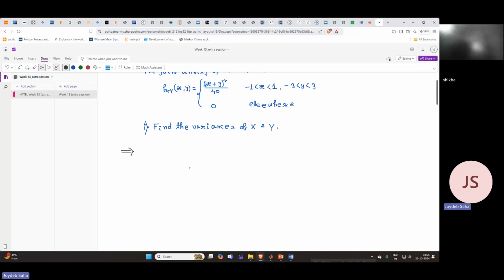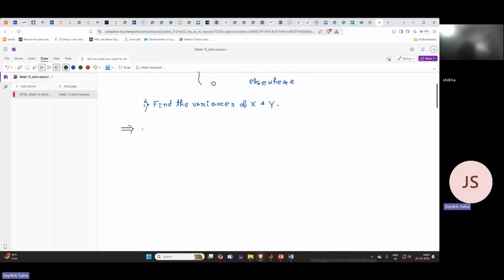So what we need to do at first, we will calculate x bar and y bar. First we calculate x bar.